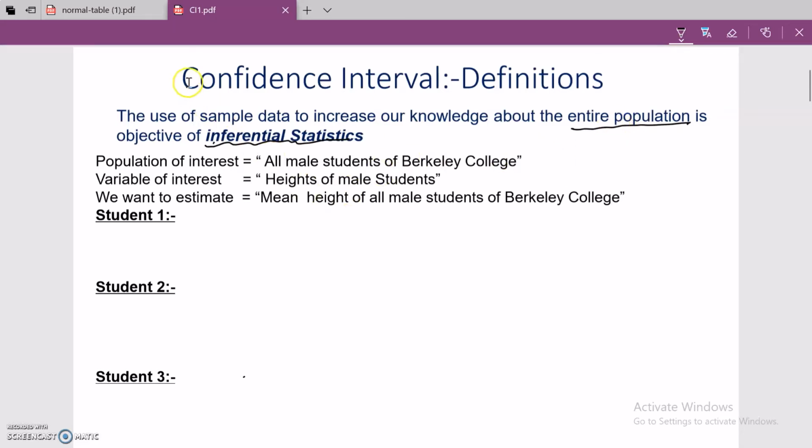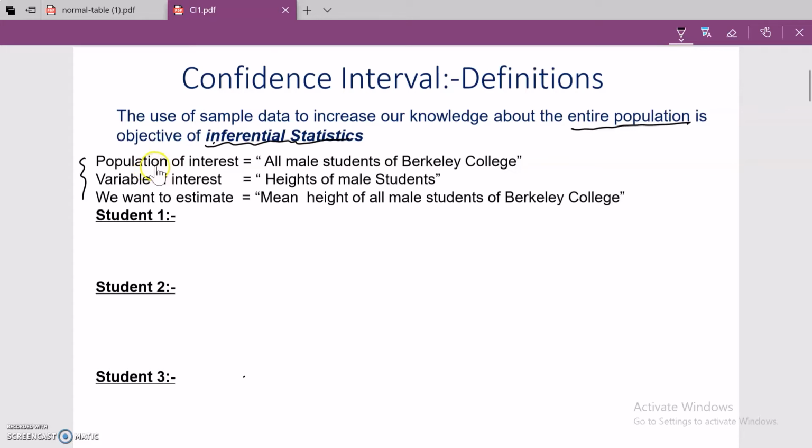Now, in order to understand a few basic terms at the beginning, let's understand a scenario. By putting you in this scenario, I would like to move my discussion forward. Let us suppose I ask one of my students in my class, can you tell me the average height, the mean height, of all the male students of Berkeley College? That's the question I put to my class.